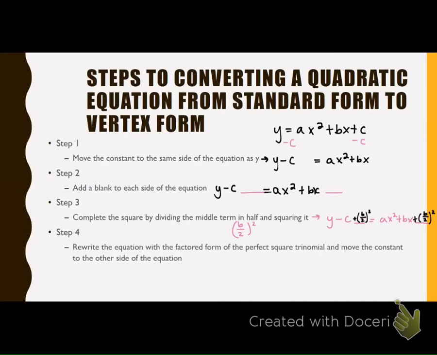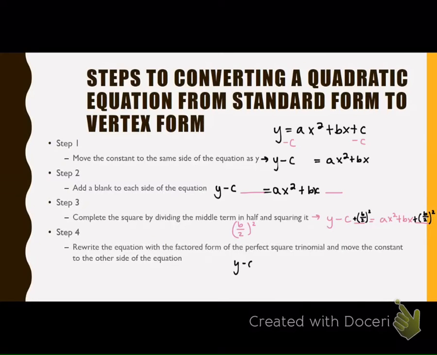Okay, guys. When you square something, it will always be positive. That's why I have a positive sign there. So you're going to then rewrite the equation with the factored form of your perfect square trinomial and move the constant to the other side. Right now you have y minus c plus b over 2 squared.